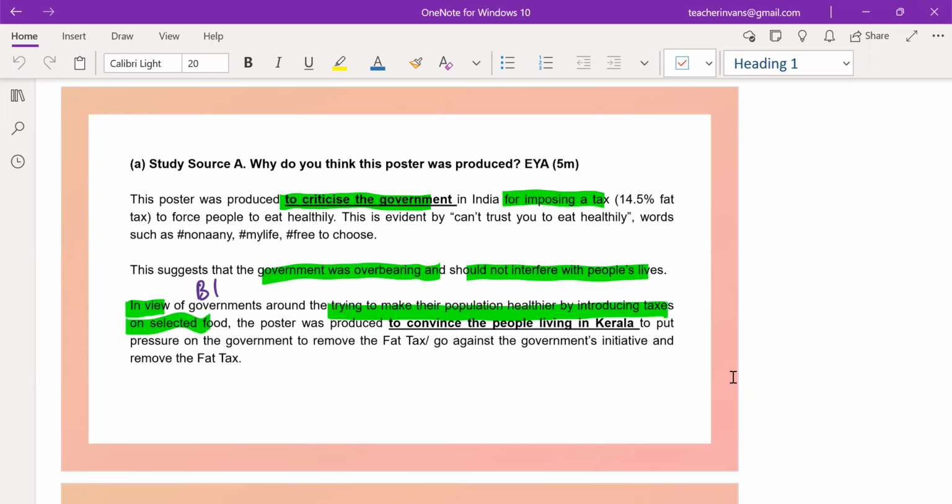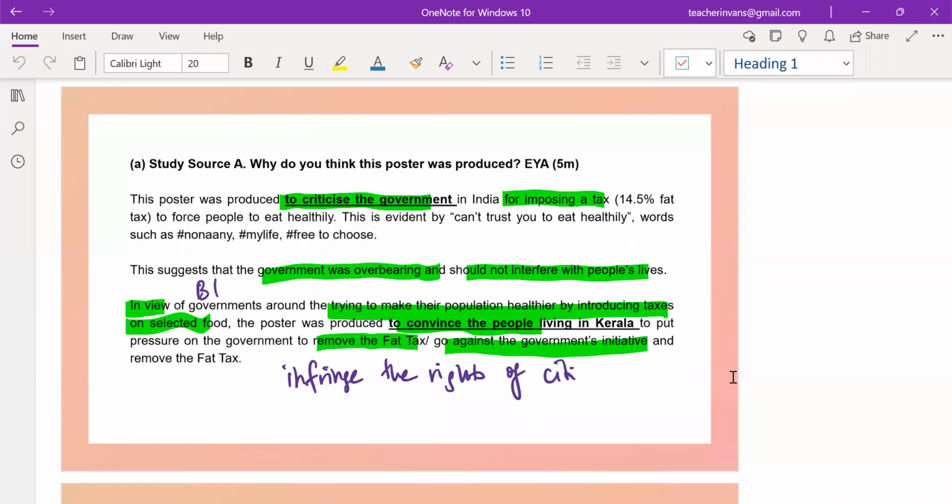So this poster was definitely to convince the people to remove the fat tax and go against the government initiative, because it is definitely infringing the rights of citizens to be able to make decisions.